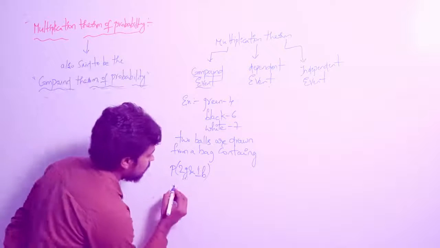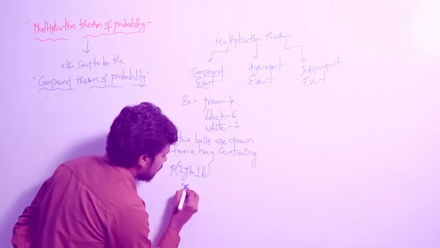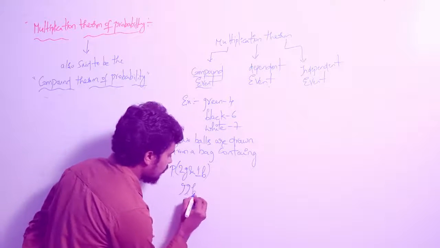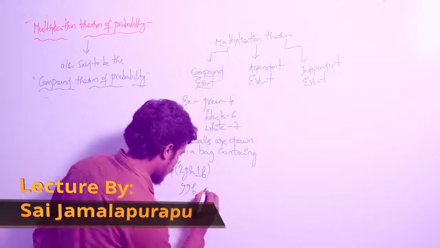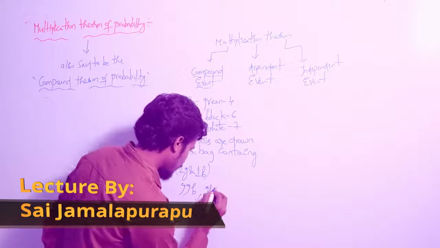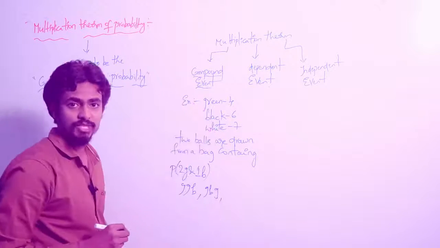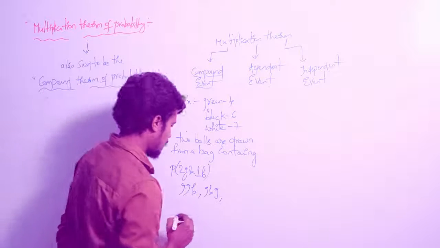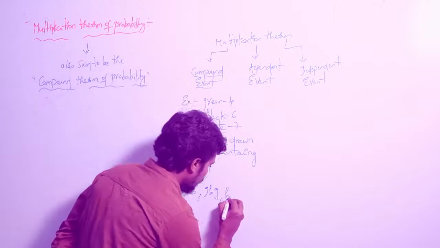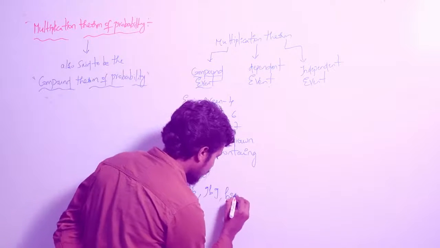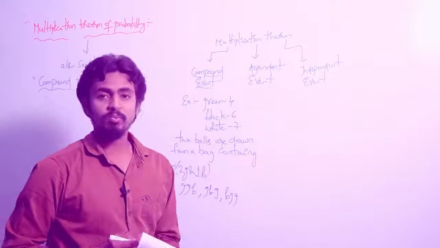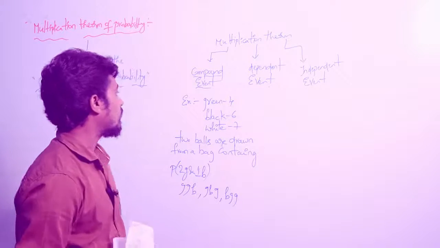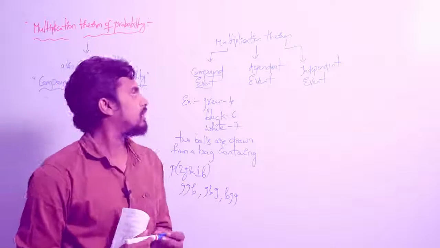That will be green, green, white as one chance, and the next green, white, green as another chance, and the next third, white, green, green. Three chances of probability will occur for a compound event.